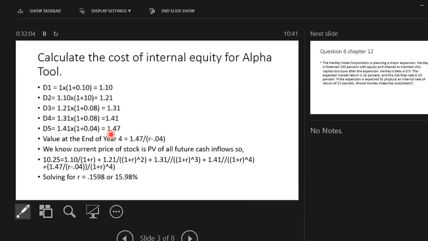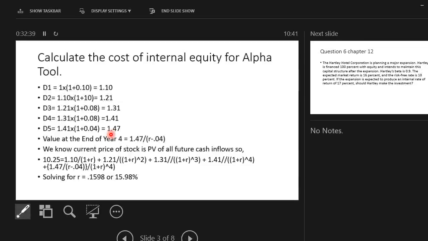What I've done is to say 10 Rand, $10.25, is equal to 1.10 divided by that. We get a value, and we are going to add it with another value, but this is for year two. And we need to remember that when we put it in our formula, we'll say 1 plus R to the power 2, and we say plus 1.31 and then to the power 3, and then we add it like that.